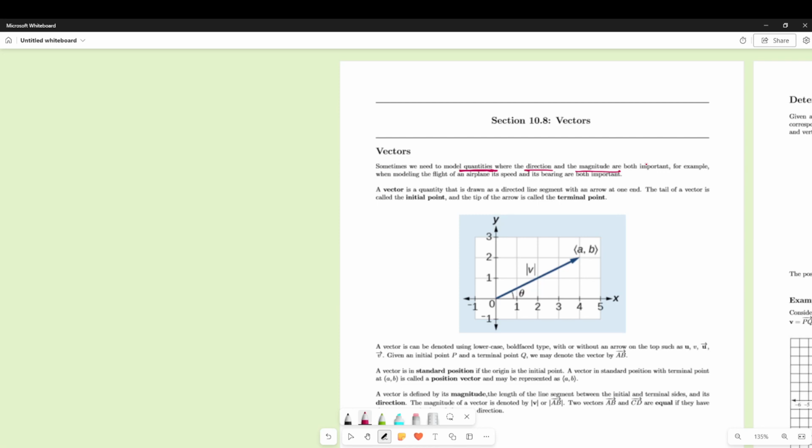So you'll see a lot of overlap between how we work with numbers and how we work with vectors because in a lot of ways that overlap is very natural. Okay, so single quantities with both direction and magnitude. And speed and bearing, speed being a type of magnitude, bearing being a type of direction.